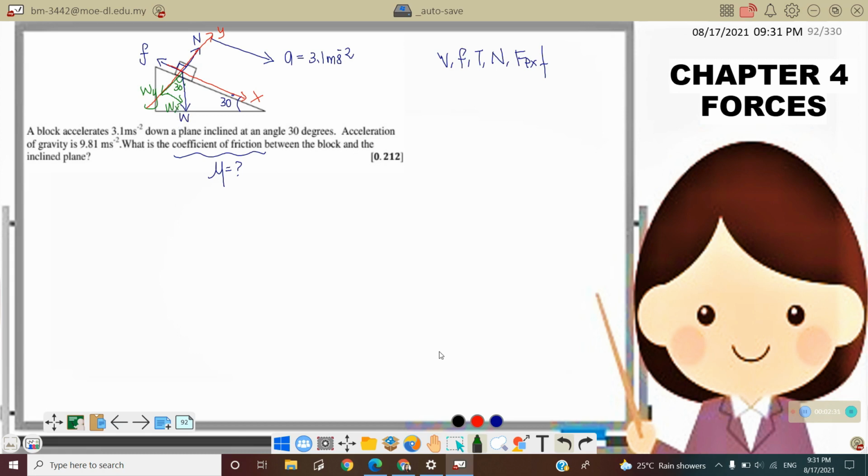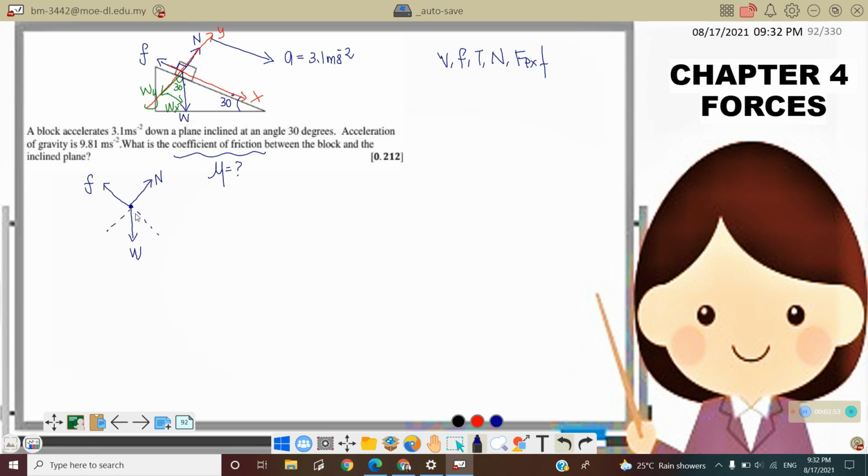I will draw the free body diagram for this block, where here we have a normal force, the frictional force, and the weight.